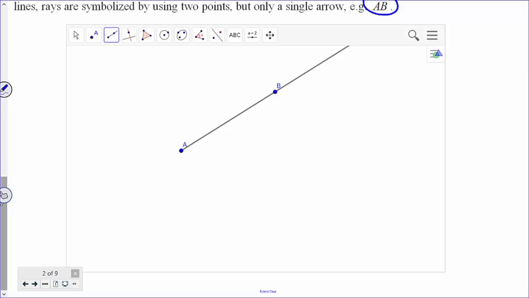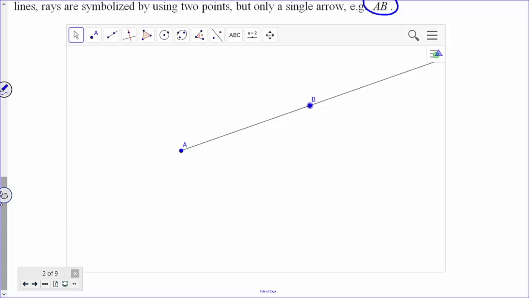And if I move point B around, B is really just setting the direction of the ray. A is telling us where it starts. That second point tells us the direction of the ray.